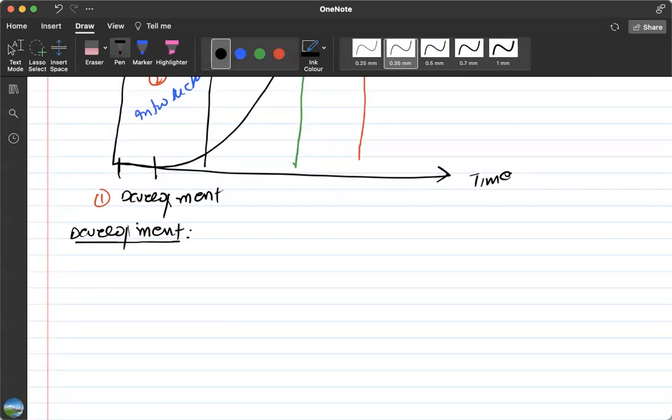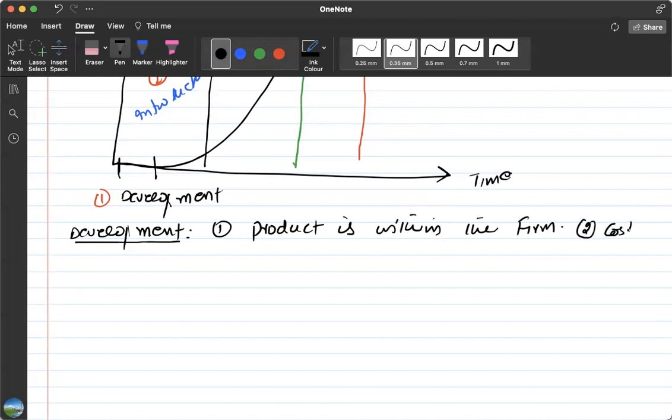At this stage of the product that we call development, the product is within the firm because the research and development is going on. Its costs are very high because a lot of expenditure is being done on research and development.